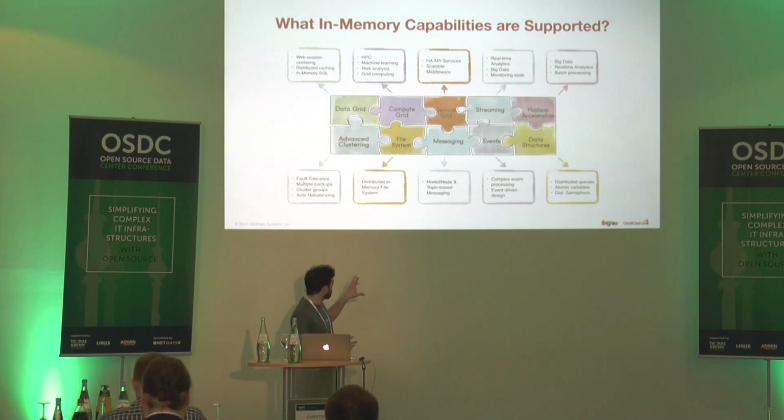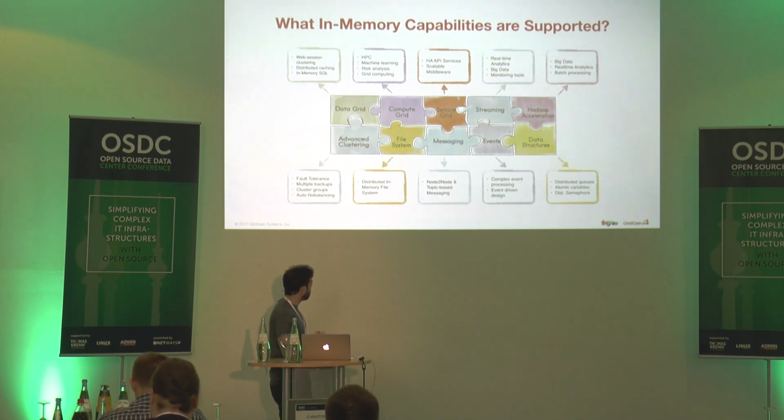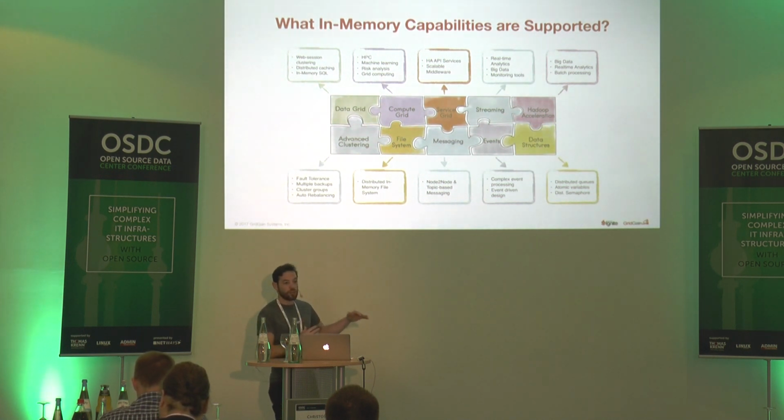The bottom bits of the puzzle, I wouldn't say not interesting enough, but they're slightly more low-level stuff that you would use in your implementation. So clustering, that's the next slides we're going to talk about, which is basically how the nodes configure and how they create this distributed platform or fabric.